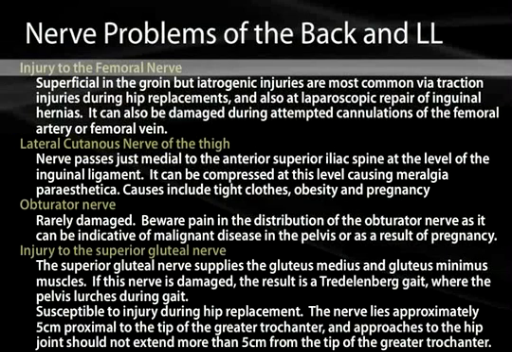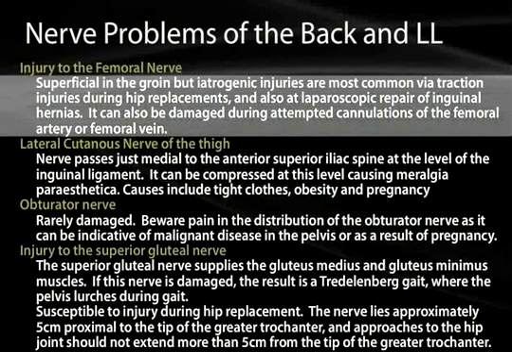So what about injuries to the femoral nerve? The femoral nerve is superficial in the groin and oftentimes is injured through iatrogenic injuries, so physician-induced. The most common of which is a traction injury, which happens during hip replacements or during laparoscopic repair of inguinal hernias, where there can be too much traction put onto that nerve during the repair.